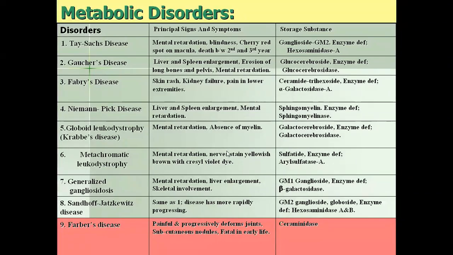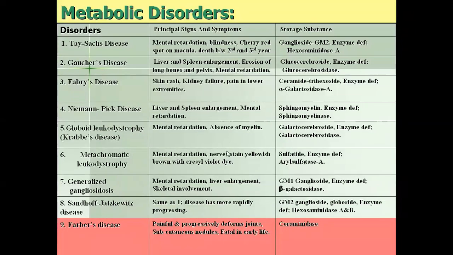Number 8, Sandhoff disease, in which the enzymes deficient are hexosaminidase A and B, and the substances accumulated are GM2 gangliosides as well as globosides. Signs and symptoms are the same as Tay-Sachs disease but progress more rapidly.